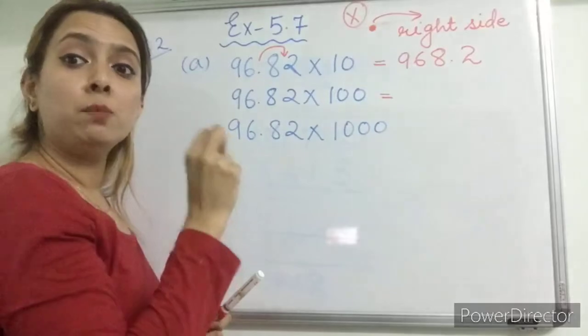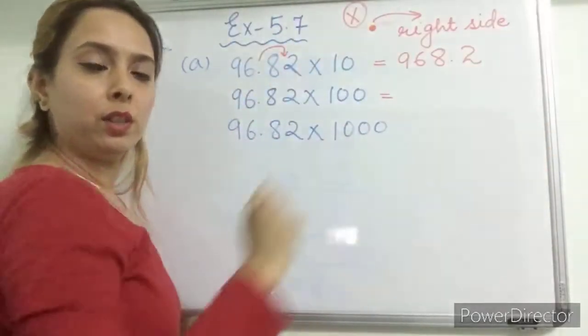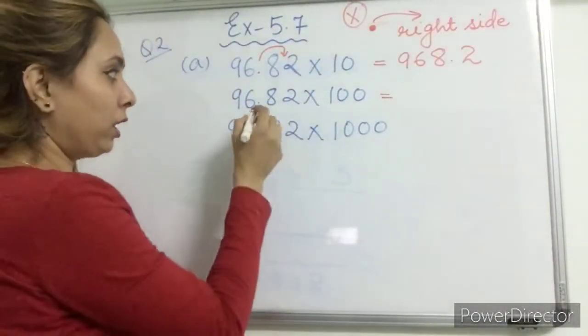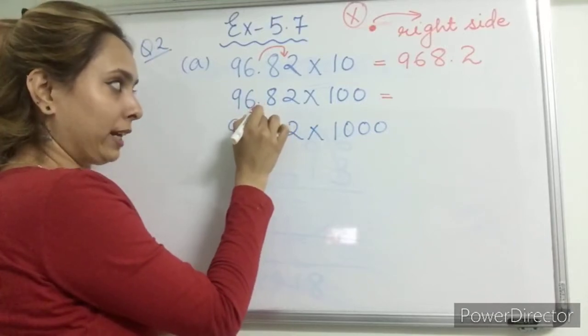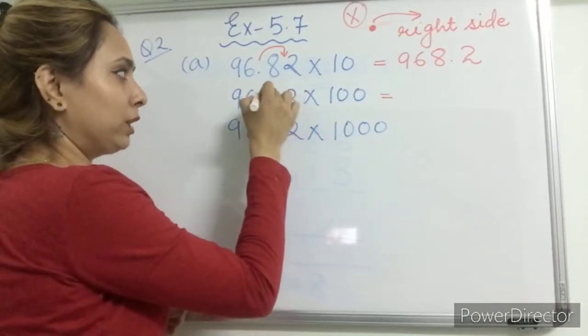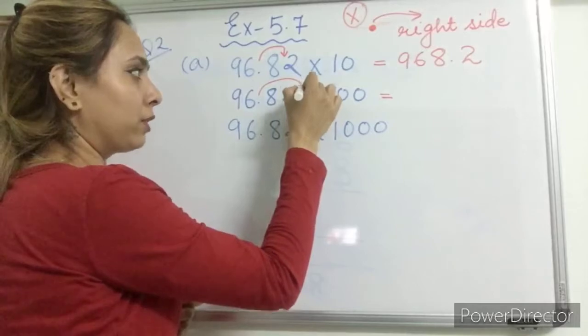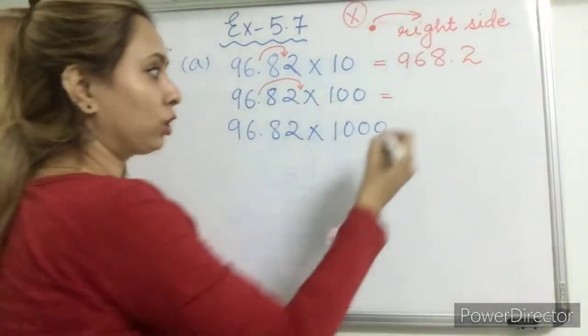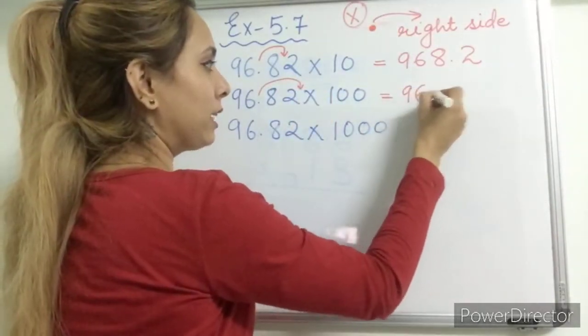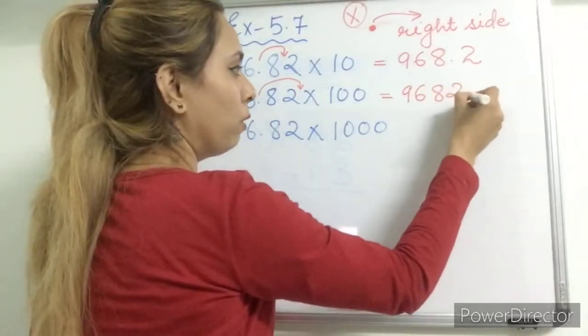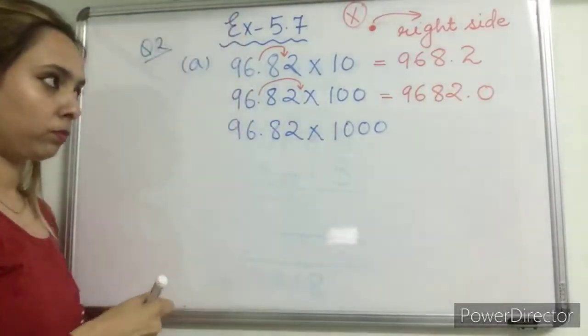It means the decimal will be shifted after 2 digits. Here the decimal is before 8 again, so 1, 2. This decimal will come after this 2. So your answer will be 9682.0.